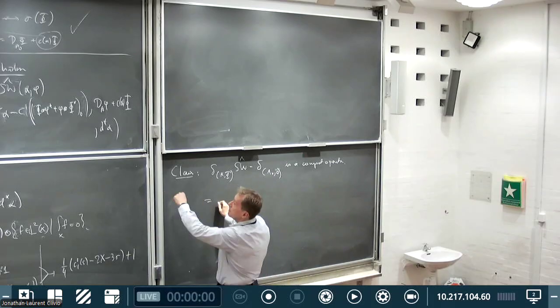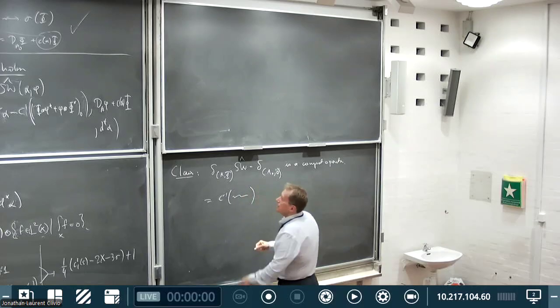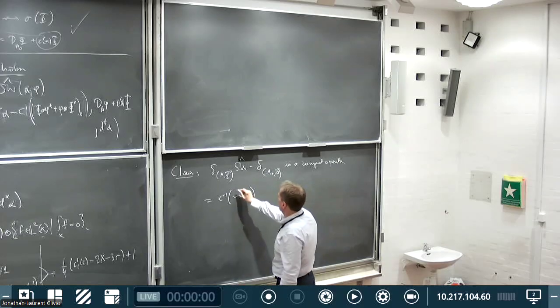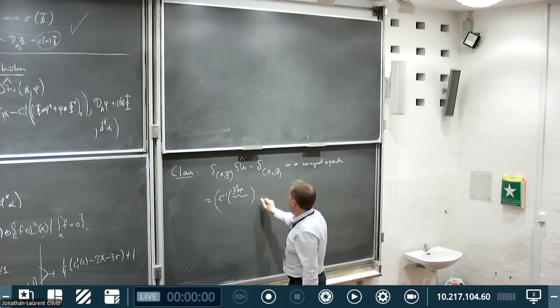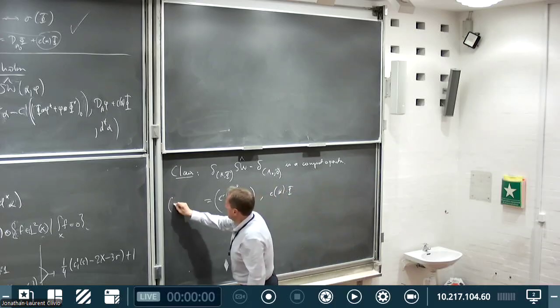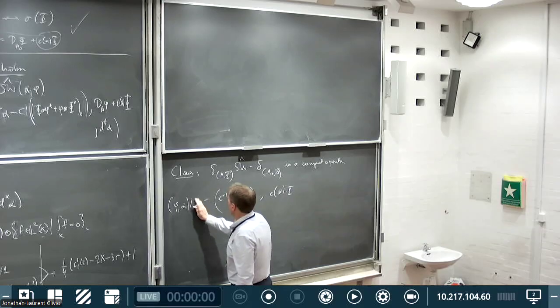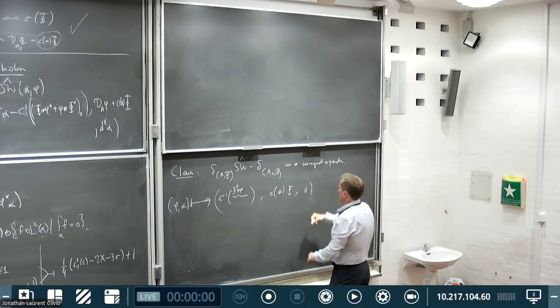Well, it's Clifford multiplication by, let's see, capital phi and little phi. And then there's Clifford multiplication by sending little phi and alpha to this thing here.